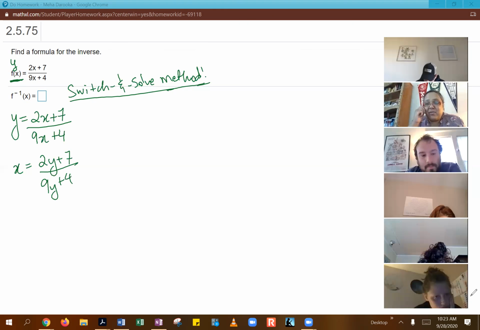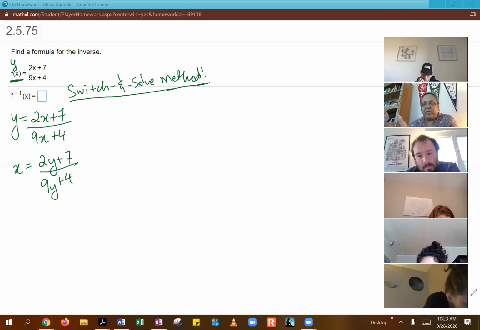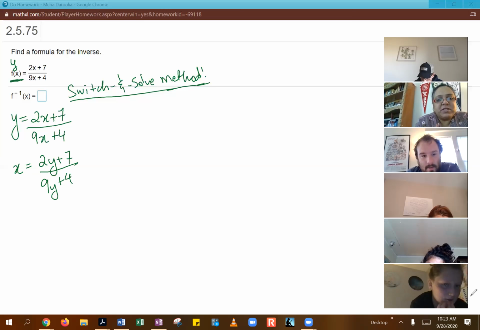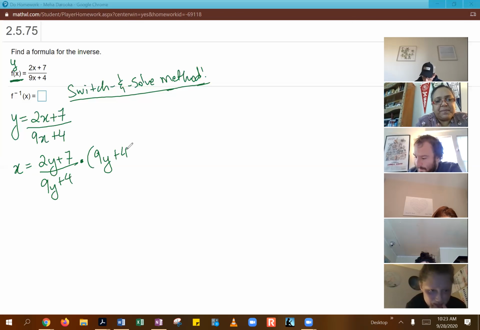Okay. So now, the idea is we're solving, which means we need to get the y by itself, move everything else to the other side. So technically, since I have y in 2 locations right now, the first thing we have to do is find a way to get those 2 y's together. So the first thing we will actually do is go ahead and multiply by that 9y plus 4 on both sides of our equation, because we want to get rid of that fraction.